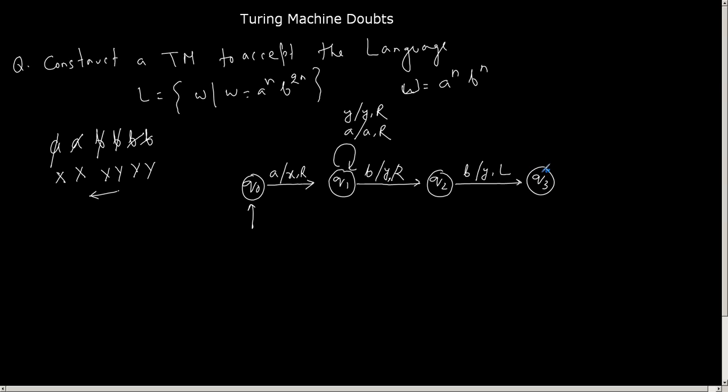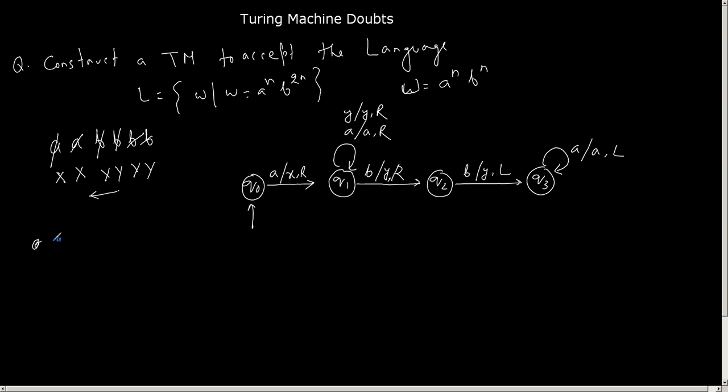In Q3 I will again start searching for the leftmost A by moving the tape head towards left. If I hit A, I will just skip that A and move towards left. So how will I decide that this is my leftmost A?